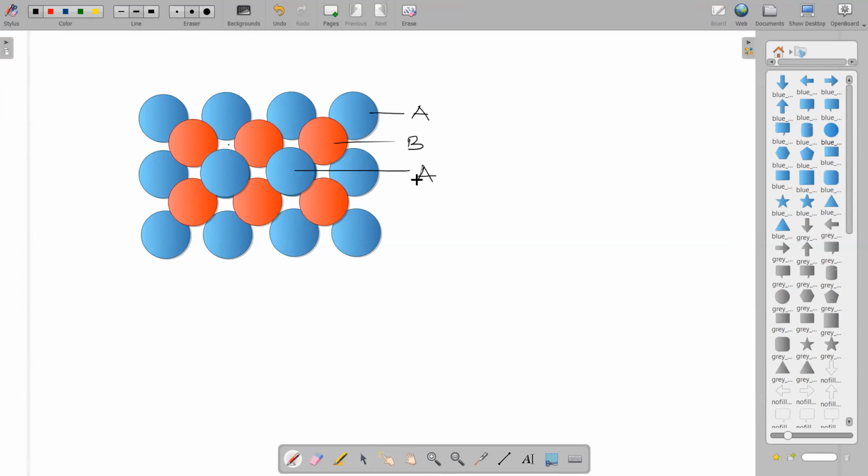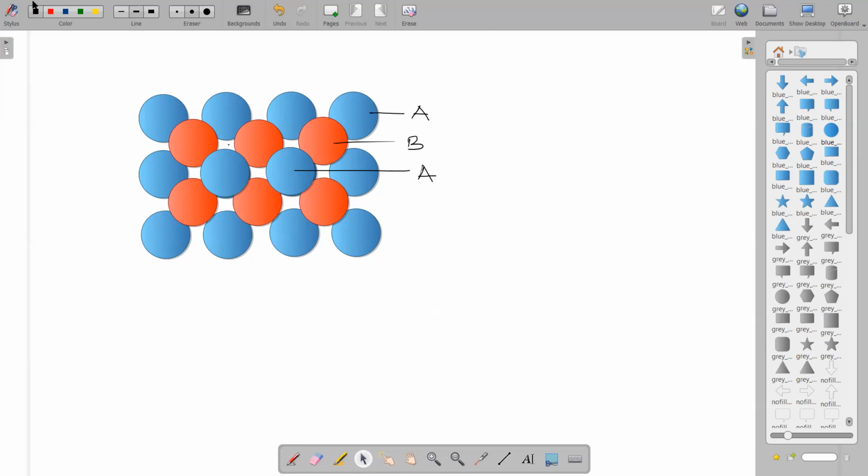Because the third layer and the first layer are going to be completely the same, right? This will be AB type. Correct?